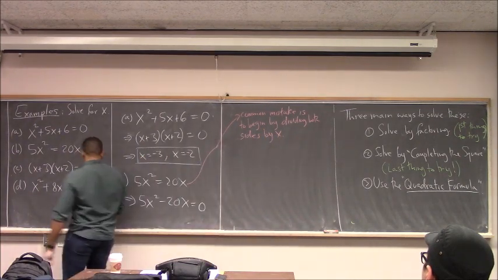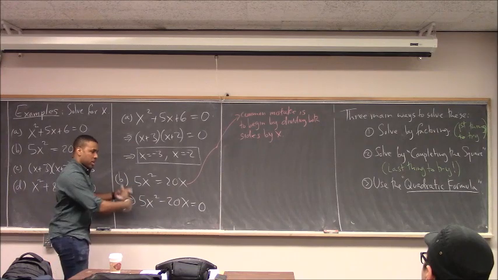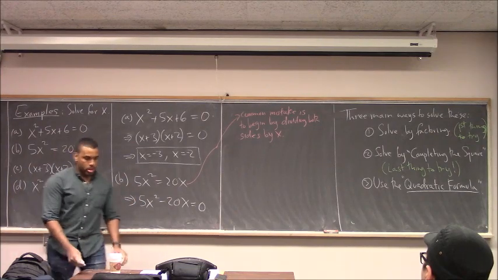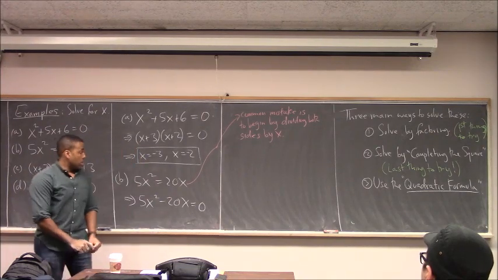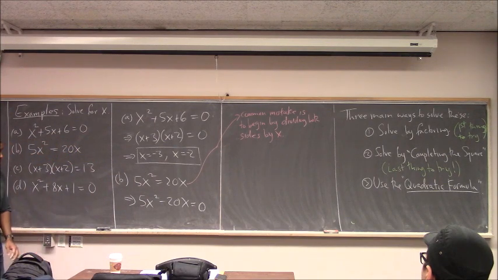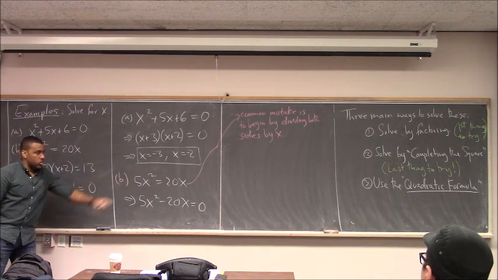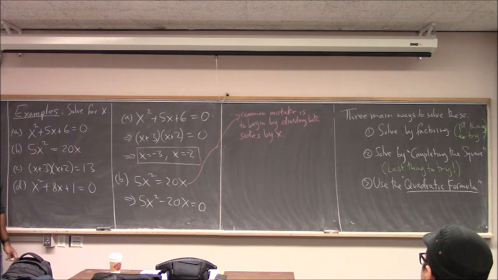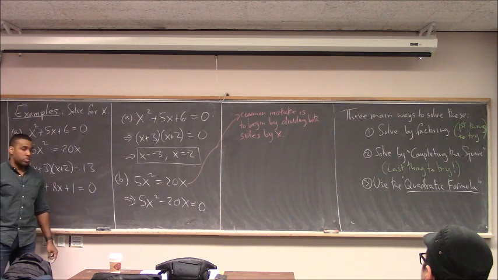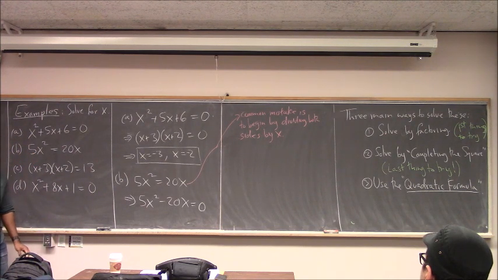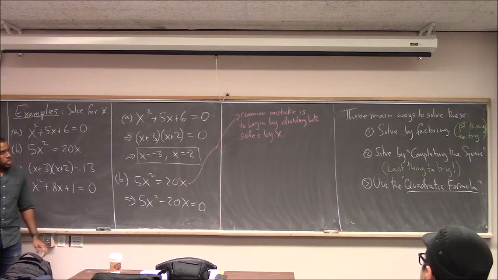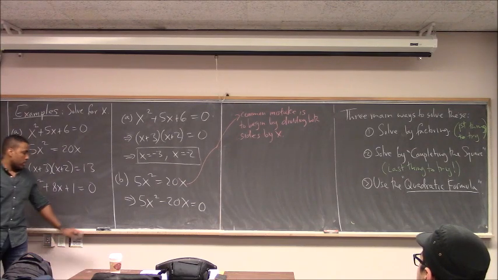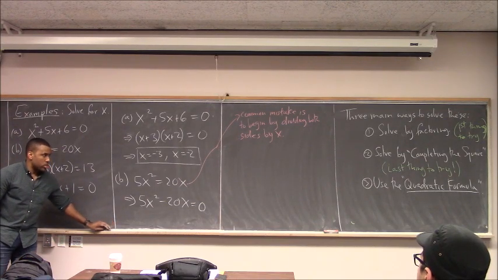Sometimes students will see this and realize, oh, there's an x in each term, I can just divide both sides by x. This is incorrect for several reasons. For one, you would notice that x equals 0 is a solution to the original equation, and so dividing by x is potentially dividing by 0. Two, whenever you do something like that, you actually lose some information, and you might lose a solution in the process.